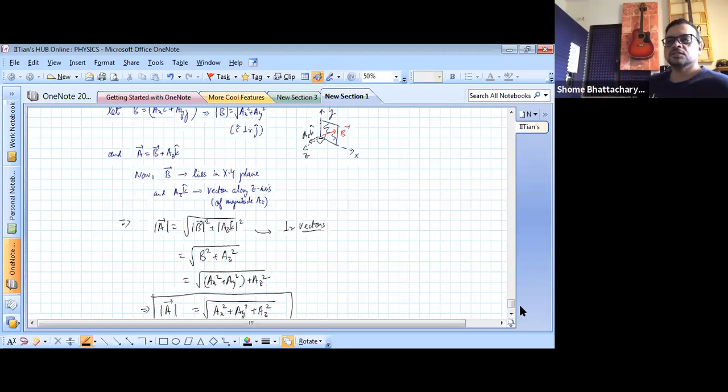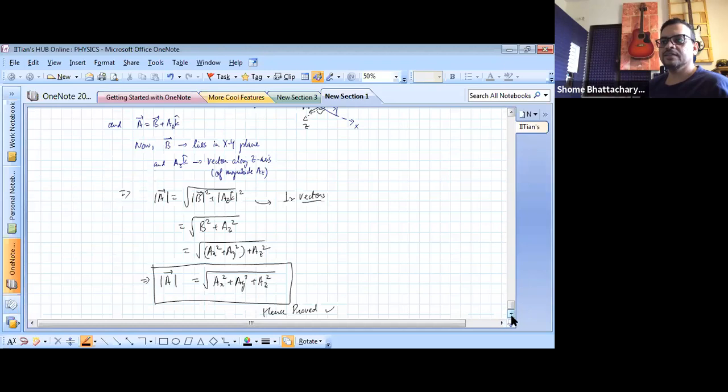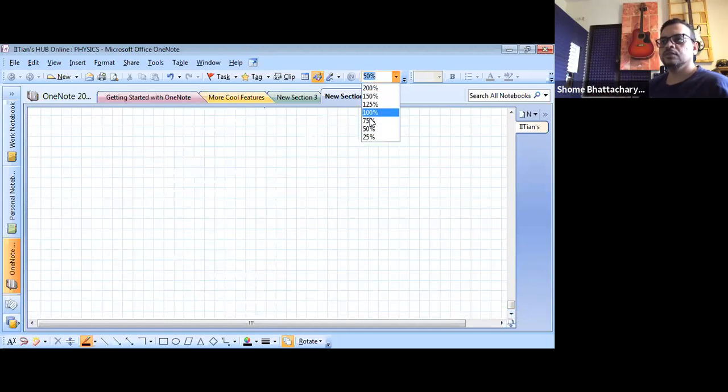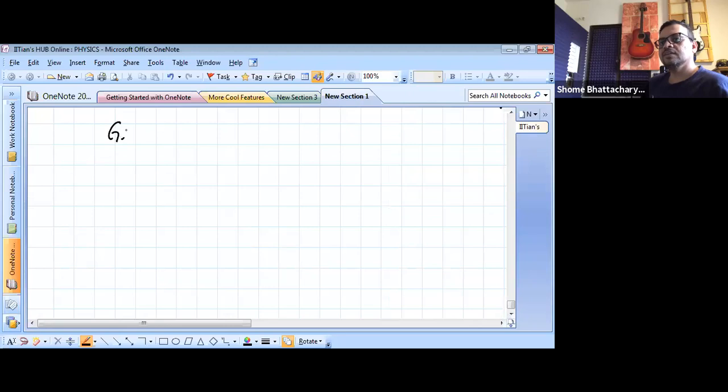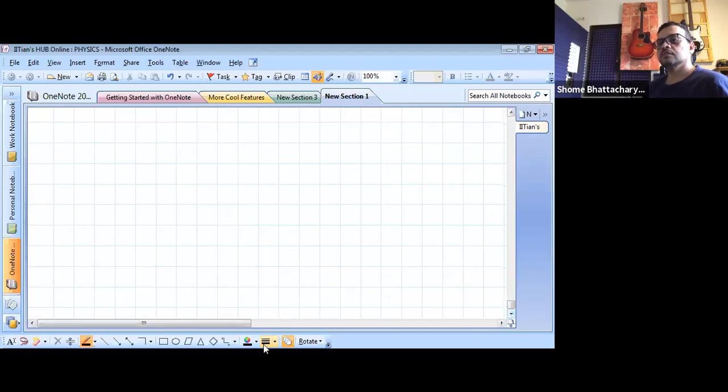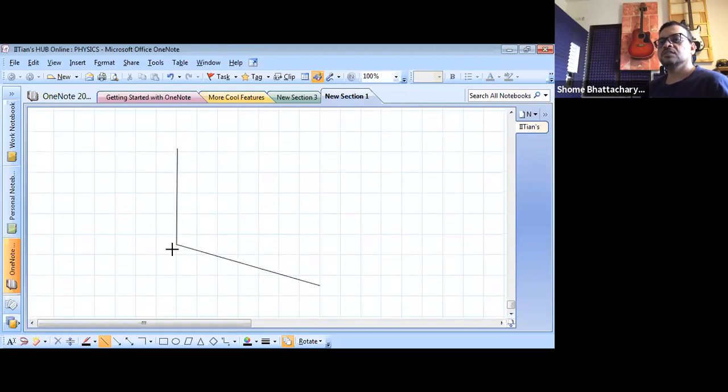Okay, people. So hope this simple proof is clear to you. There are other ways of proving this also. Geometrically also you can prove. So for example, if you want to understand this geometrically, you can think of it like this, that suppose these are my mutually perpendicular axes.